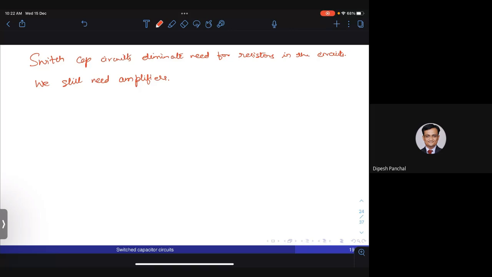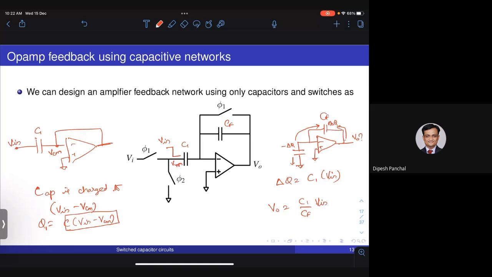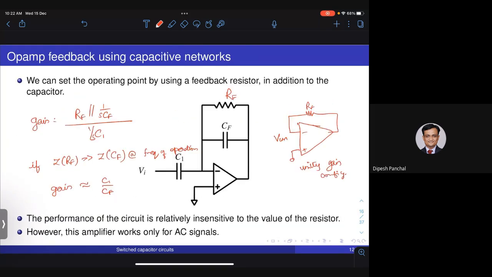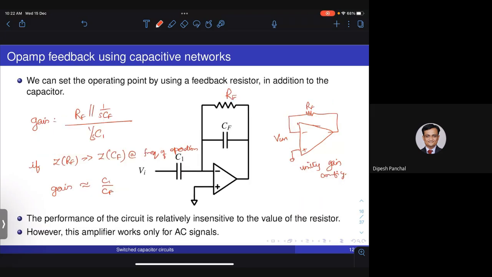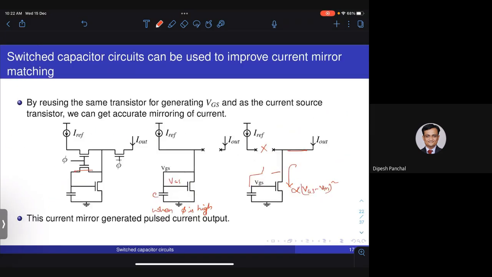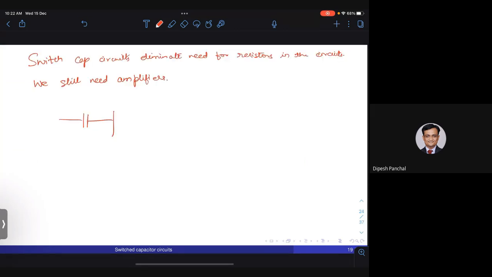For ease of analysis, I'll take the example of this particular circuit, where you have C1, CF, and RF. What does the circuit do?